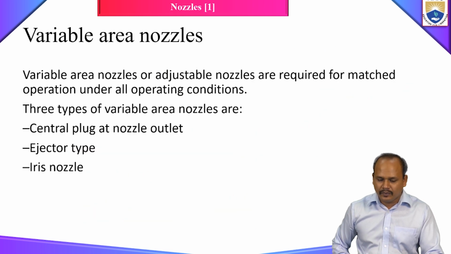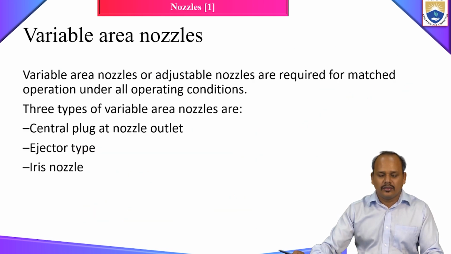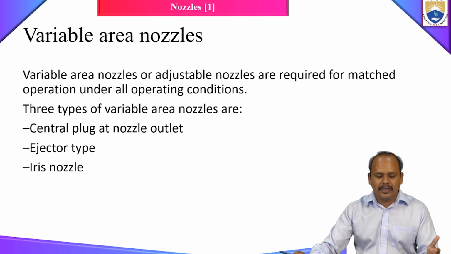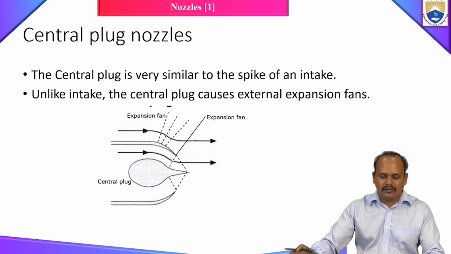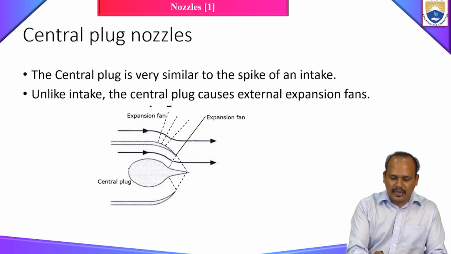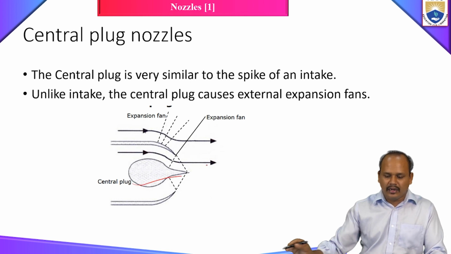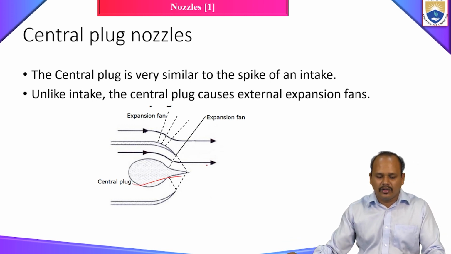Okay. So now we are going to see how we achieve this variable area nozzle, or how we produce this variable nozzle. We have three types of variable area nozzle. One is the central plug type, another one is the ejector type, and another one is the iris type nozzle. In the central plug type, you will have a kind of spike-like arrangement at the exit of your nozzle.